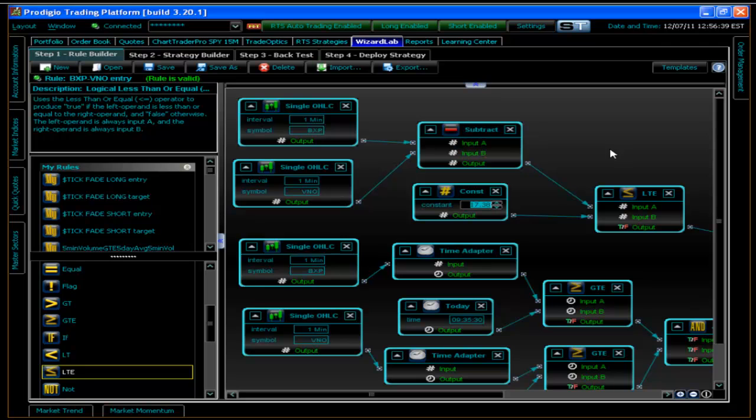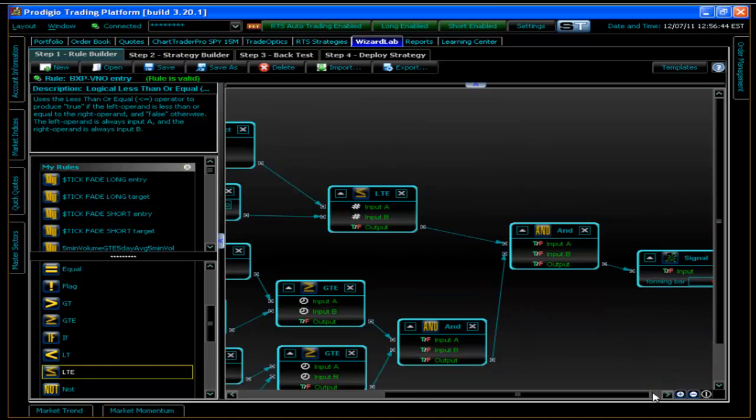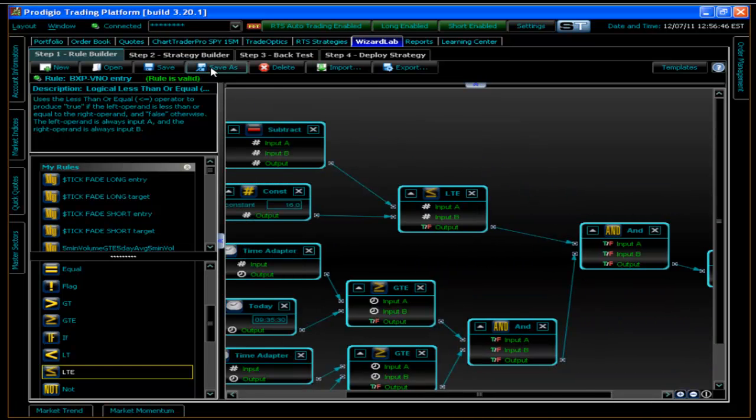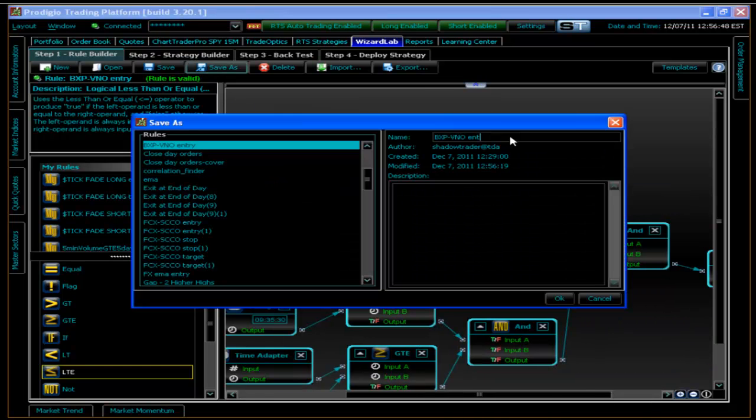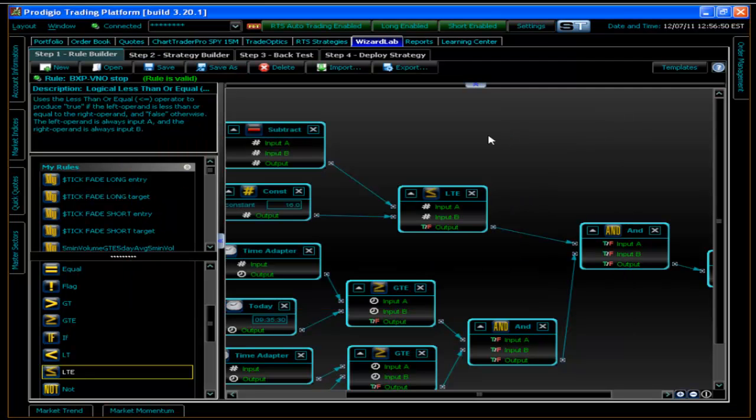If we're less than or equal to $16, I want to signal the fire. That's my stop right there, real simple. Save as, BXP VNO stop, done. So now I've created a rule for the BXP VNO stop.